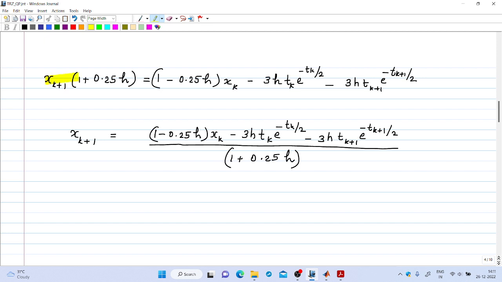So if you collect the terms of xk plus 1 to the left hand side and divide the whole equation by 1 plus 0.25h, we will get the final expression for xk plus 1 in terms of xk, tk and tk plus 1 and step size h. Okay, so these are the procedure or equations in forward Euler method and trapezoidal rule.